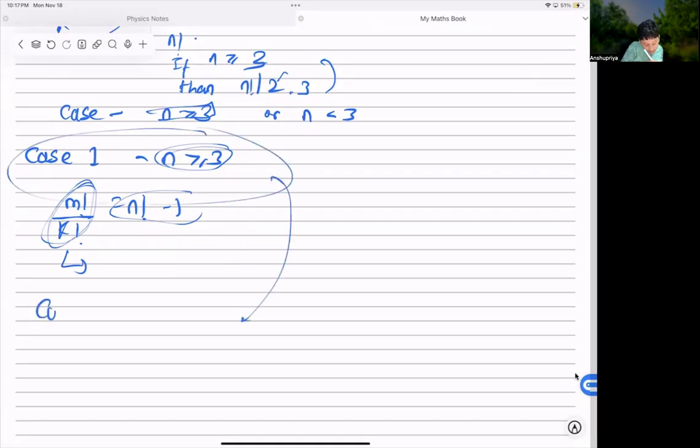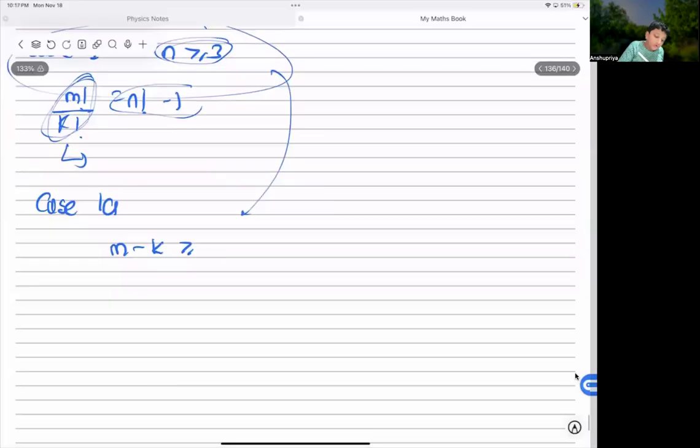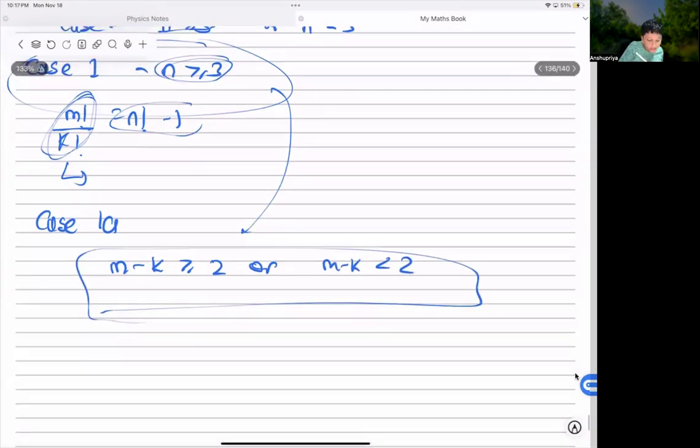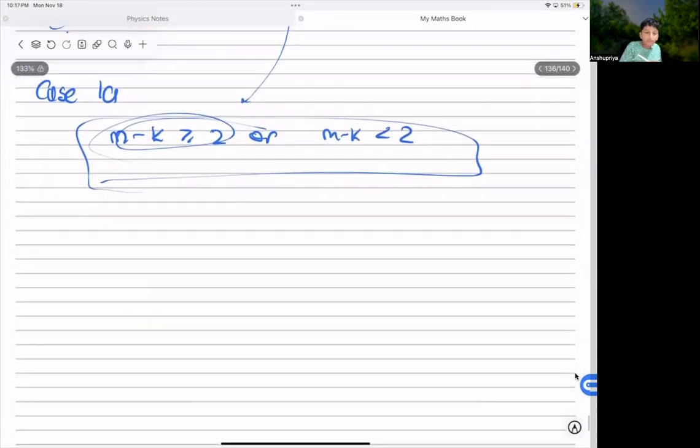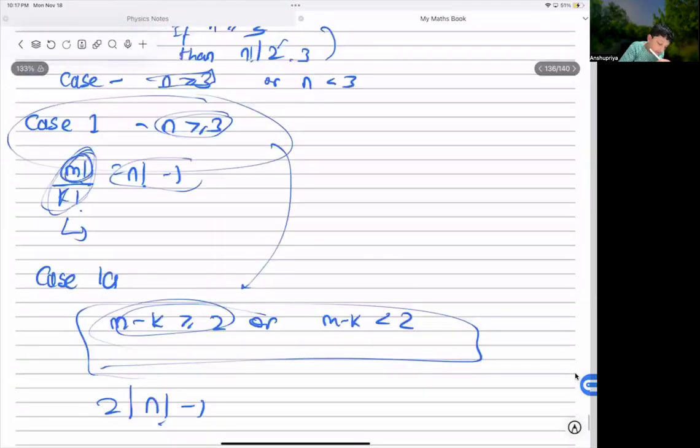Case 1a will be if m minus k is greater than or equal to 2, or case 1b, m minus k is less than 2. These are the 2 quick cases. So for 1a, let us assume this.